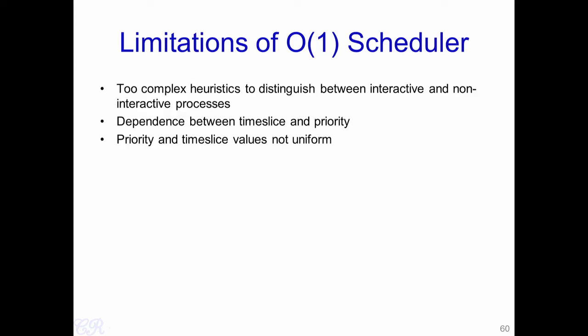The O(1) scheduler uses a lot of complex heuristics to distinguish between interactive and non-interactive processes. Essentially, there is a dependency between the time slice and the priority, and the priority and time slice values are not uniform. That is, for processes with a priority of 100 compared to processes with a priority of 139, if you compute the time slices in these two ranges, you see that it is not uniform.